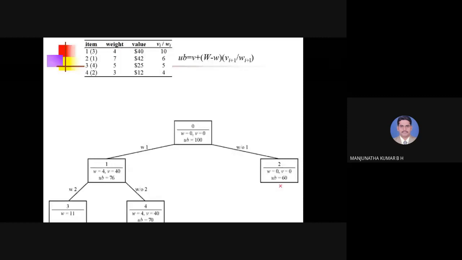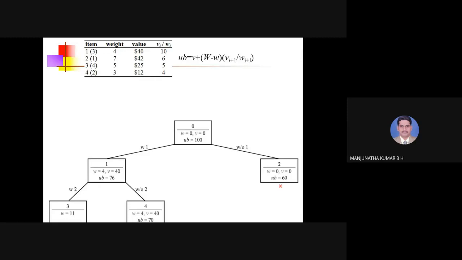And V means how much profit you gained by placing an item. That is V. And the upper bound is calculated using the above formula. So for the first node, weight is 0 because no items are placed. V is the profit gained, no profit is gained, so hence V is also 0.